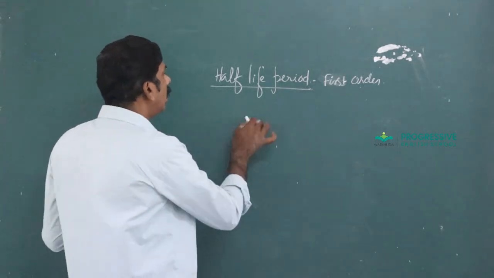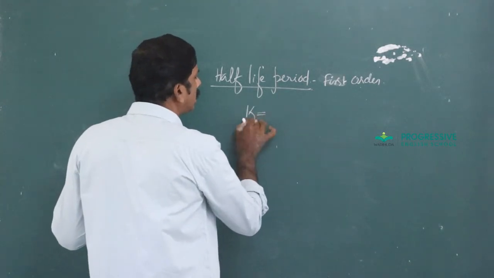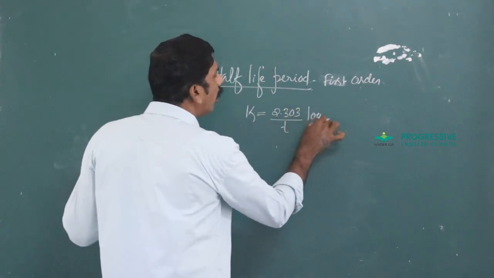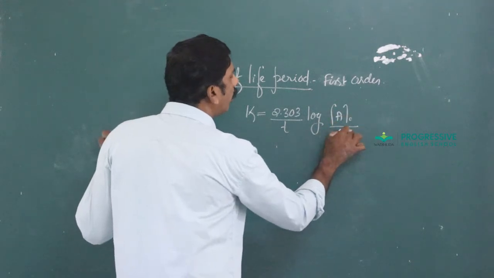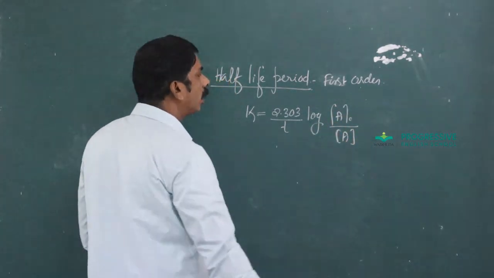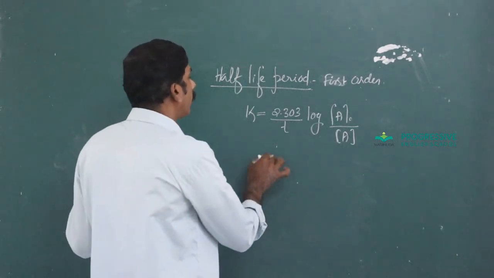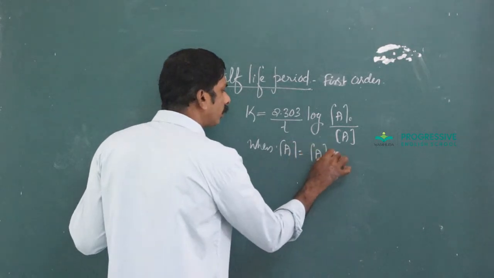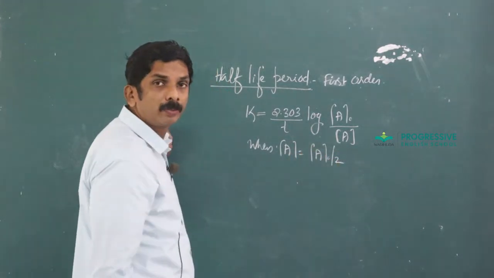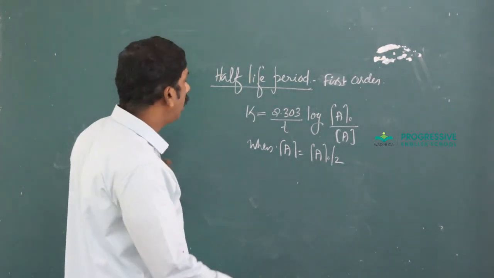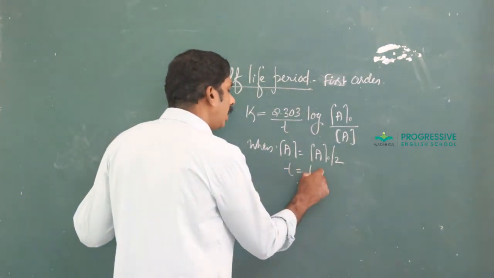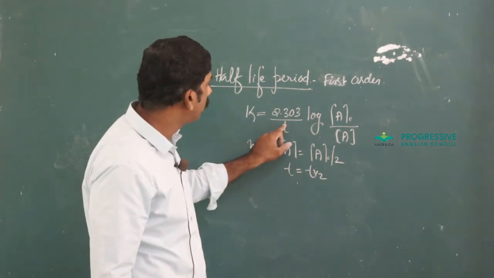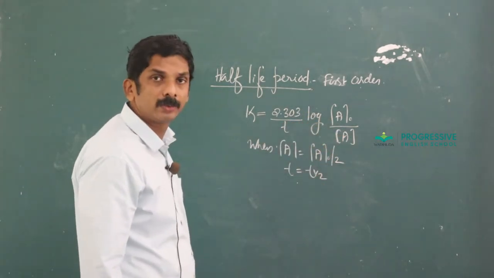The integrated equation for a first order reaction is K equal to 2.303 by T log A0 by A. When A equal to A0 by 2, T equal to T half. When T equal to T half, A equal to A0 by 2.